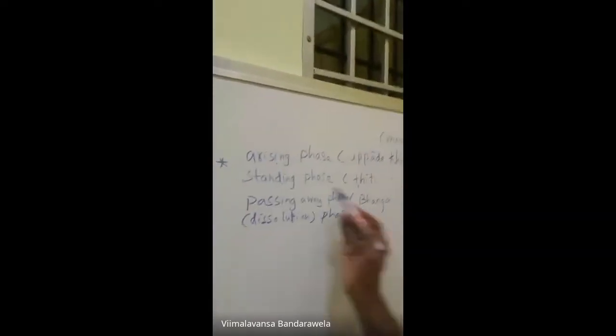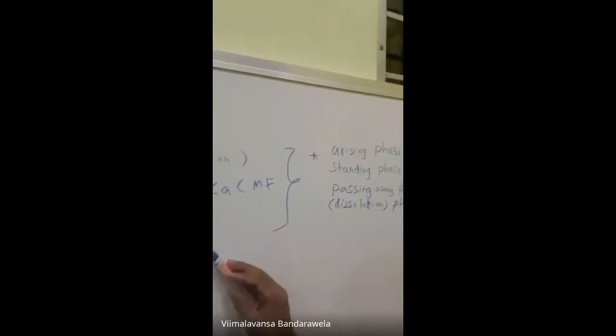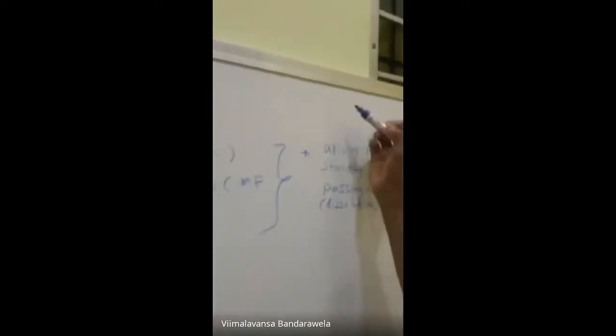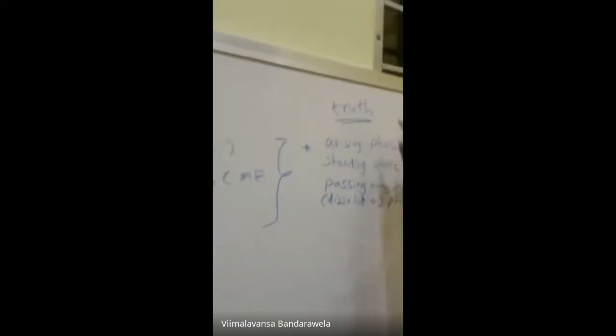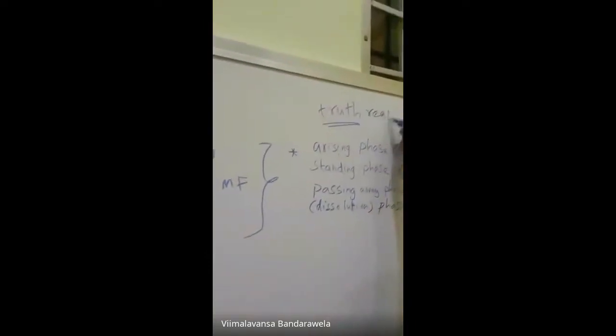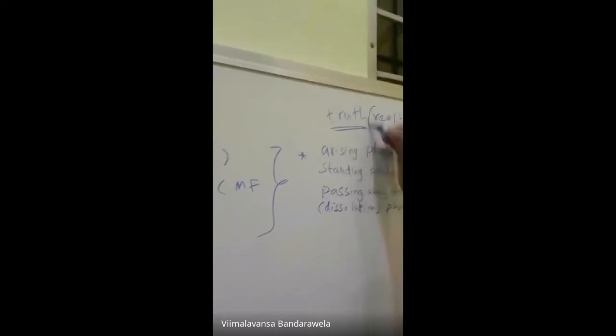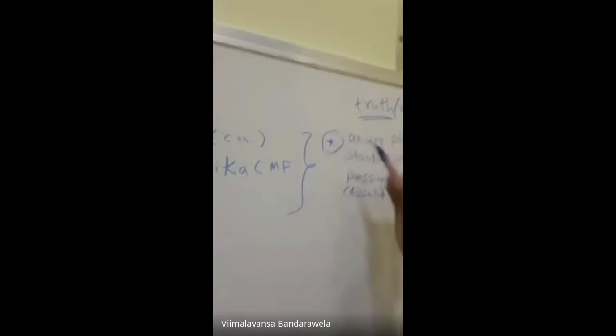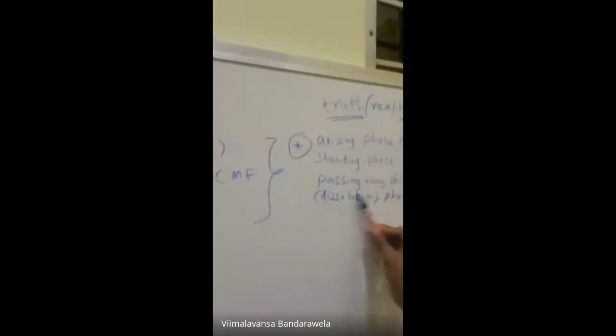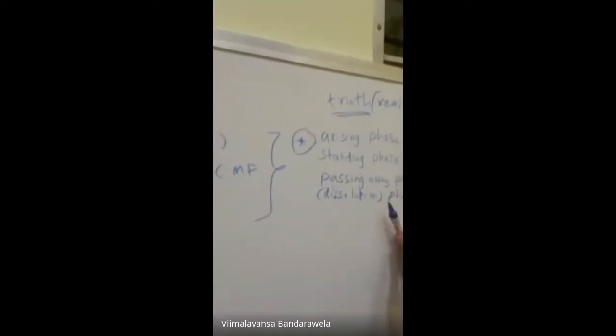You have all these chitta, chetasika and rupa. We have one truth, right? This is the one truth, or the reality. One reality, one truth, has an arising, standing and passing away phase, or perishing phase, right?